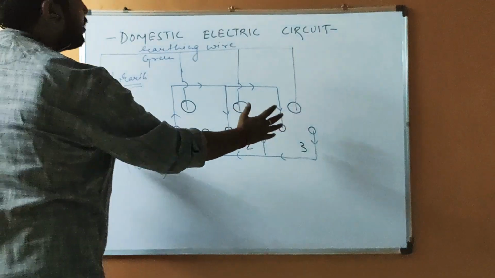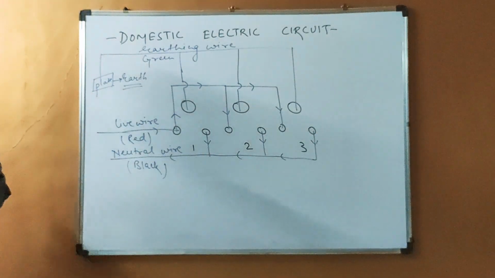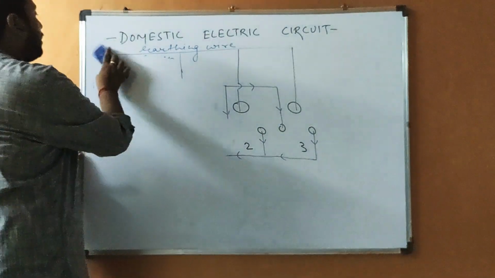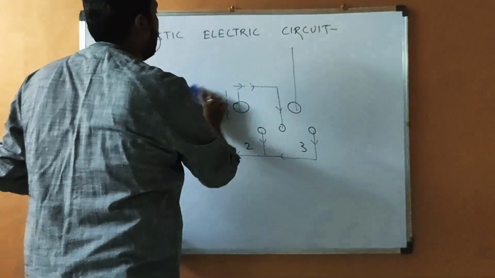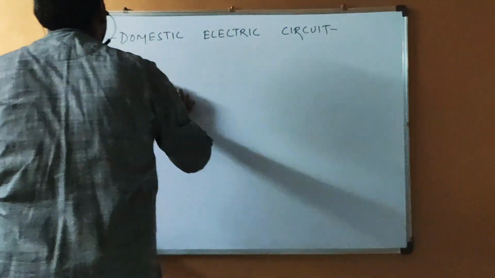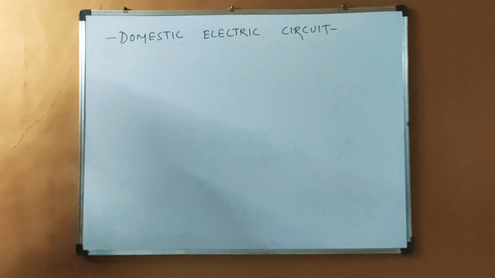This is a common domestic circuit diagram. Now here is the function of an earthing wire. What is the main function of an earthing wire?